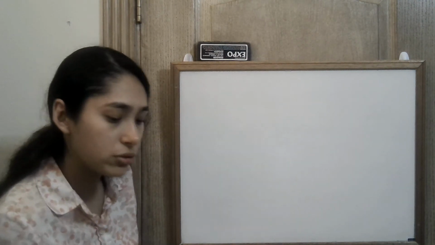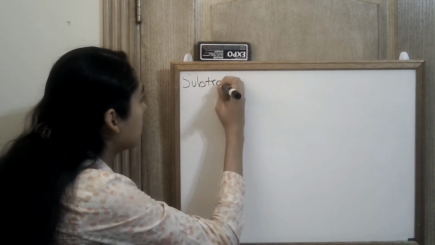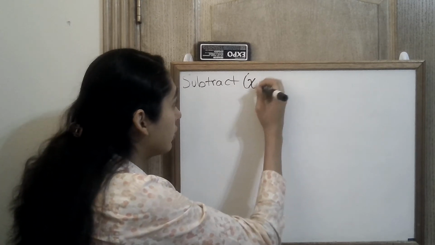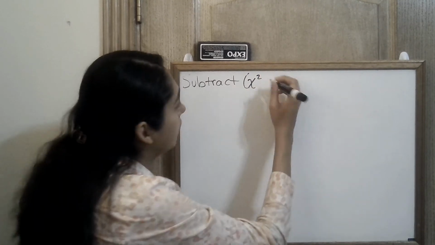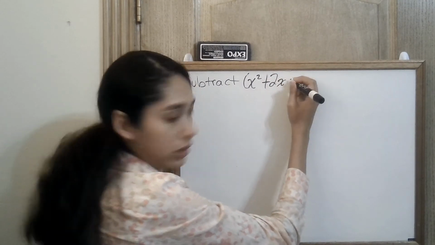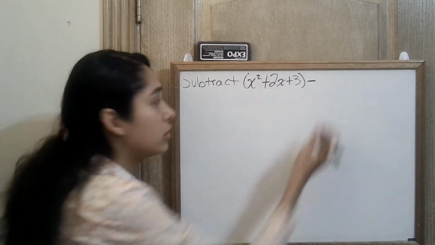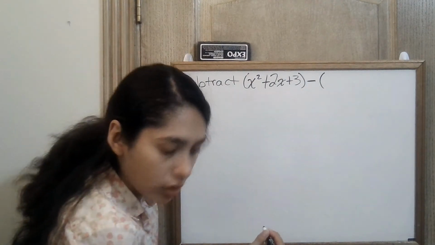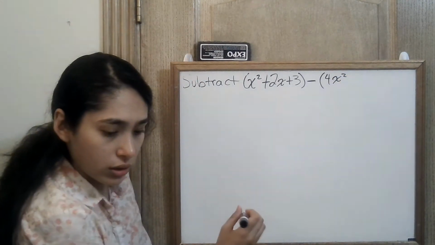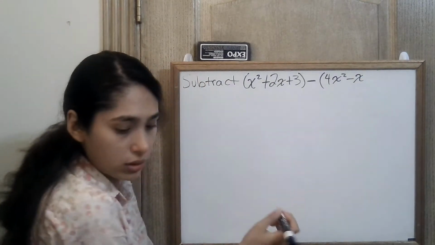So we're going to subtract x squared, 2x plus 13. We're going to subtract this polynomial, 4x squared minus x plus 6.